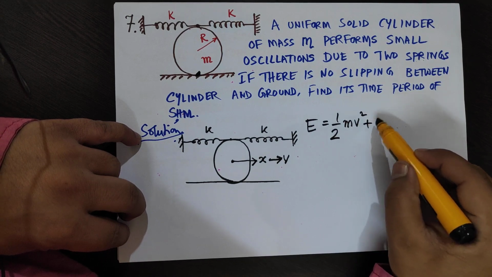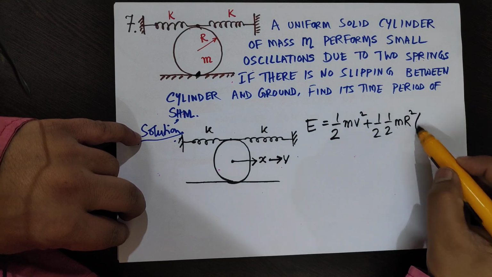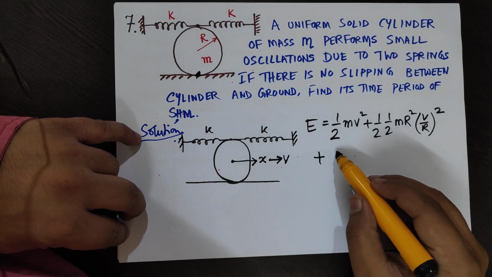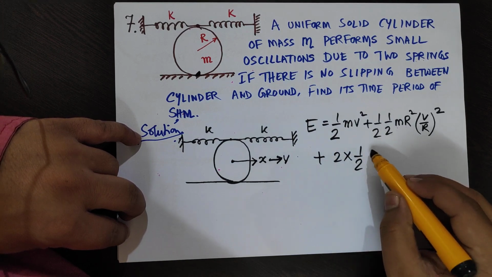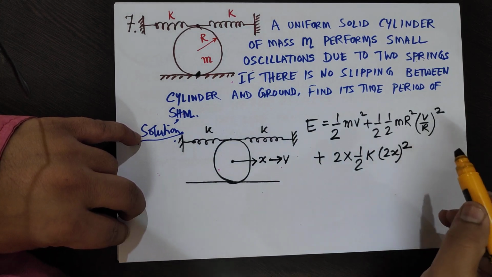Total energy E is half mv square plus half into half m r square into v by r square plus 2 into half k 2x square.